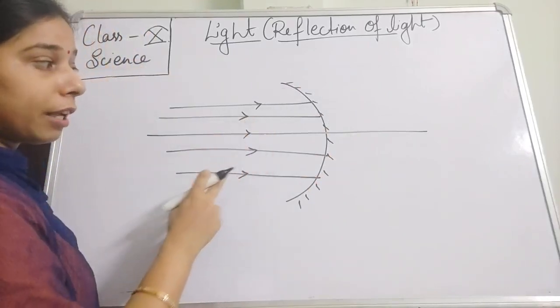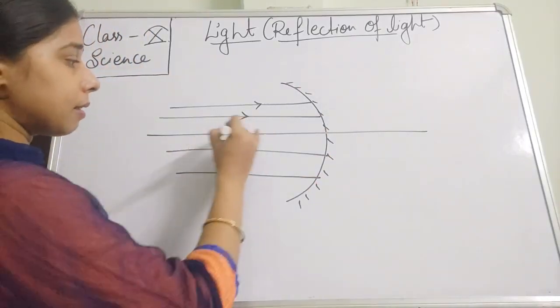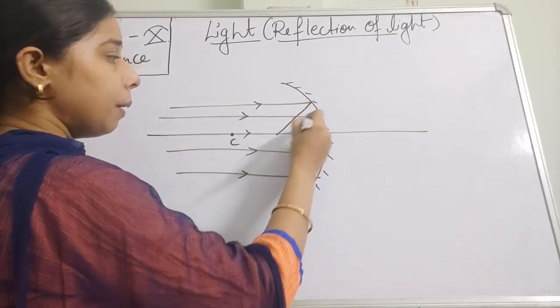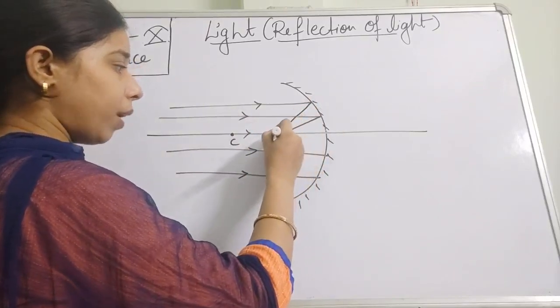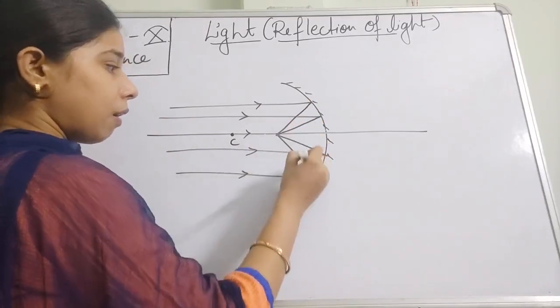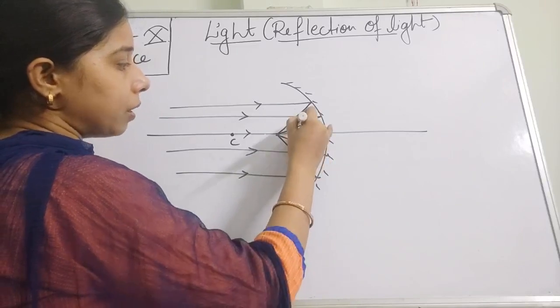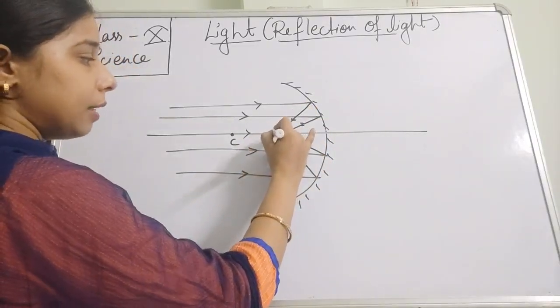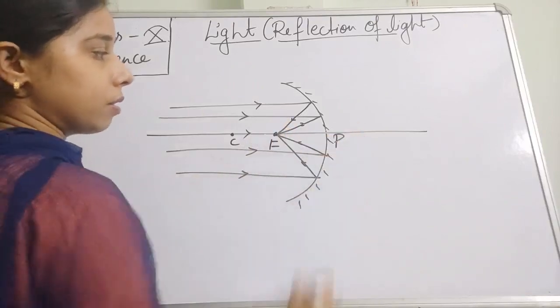A ray of light also passes through the principal axis. This is the center of curvature. They all meet at a point after reflection, and this point where they meet after reflection is the principal focus.